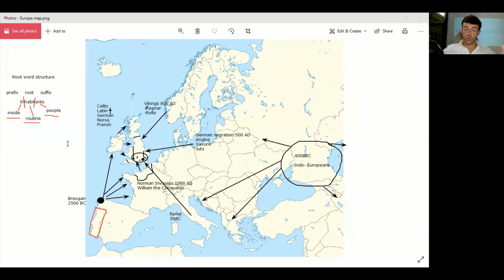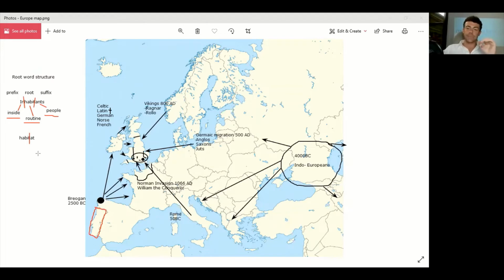Let's use the same root word and change the suffix. Now, we need to use the exact same practice here. First thing we do, find our root word and the meaning of that root word. Again, habit, a routine.